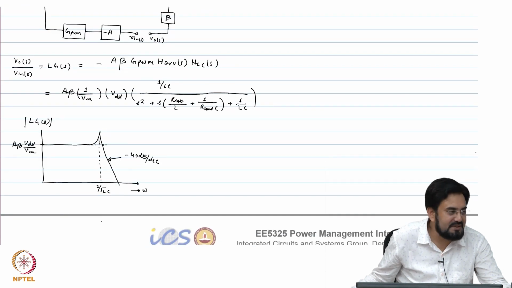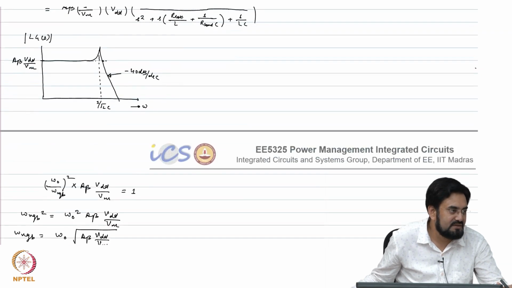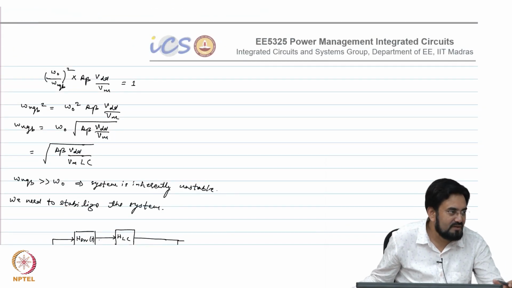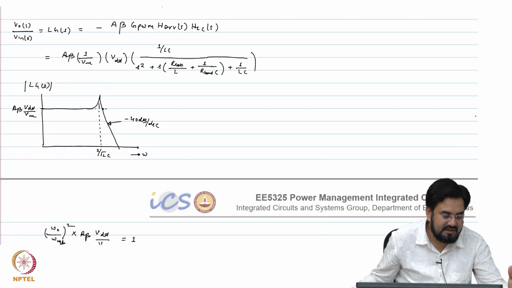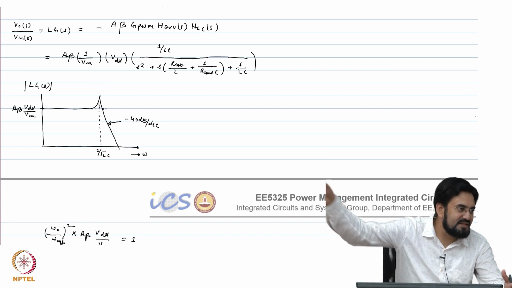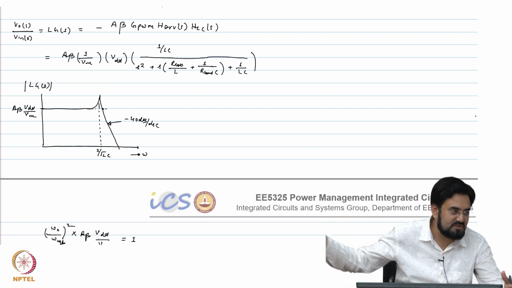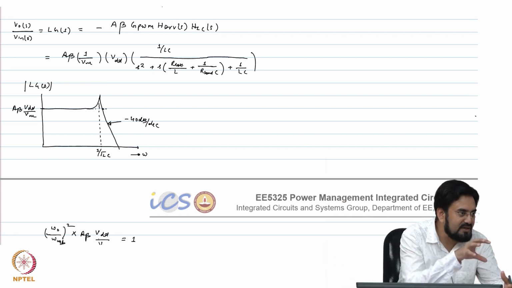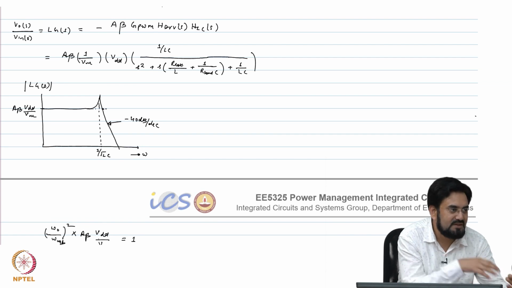So, placing a complex zero is not feasible actually. I mean, theoretically you can say you can cancel it out, but the moment you practically implement it, you cannot match those LC exactly. Those LCs are mostly off the chip, and you are going to realize the compensator with active components. So, you cannot track each other in that case, because L and C may vary with temperature, and they have some tolerances also.